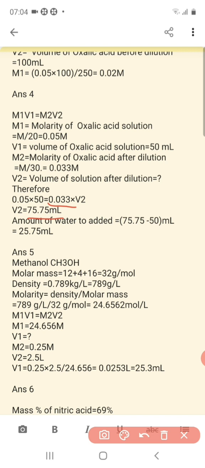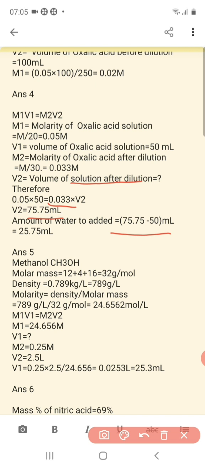Now this is the total volume that is obtained after dilution. V2 is the total volume of the solution after dilution, including the water as well as the 50 ml of oxalic acid solution. So the amount of water to be added will be equal to the total volume V2 minus the initial volume of oxalic acid taken, that is 50 ml.